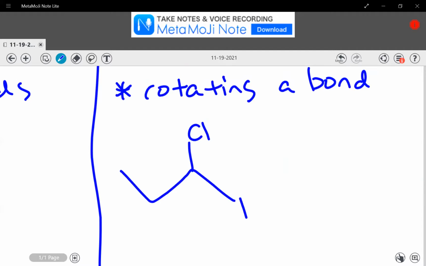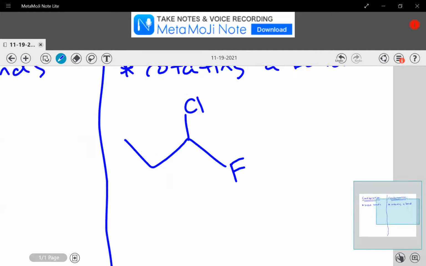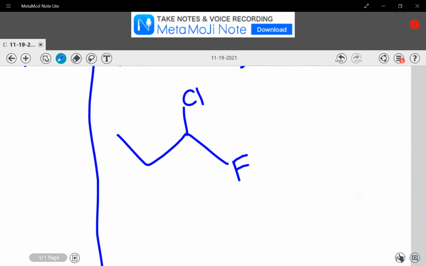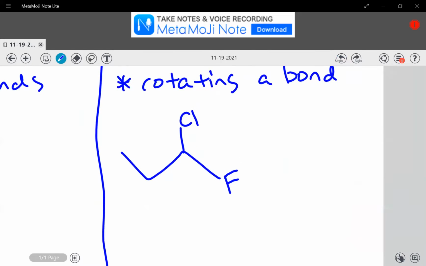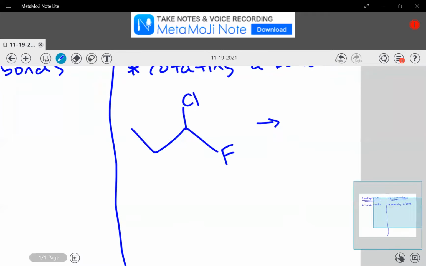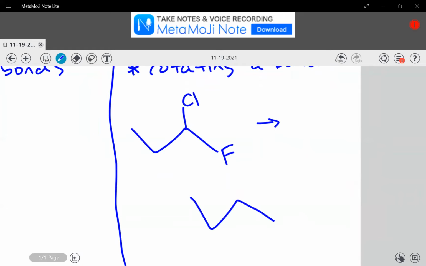Cl, just make this an F. And this here is our center. So for these guys, if we want to switch them, FCl, you could switch them by rotating the bond about this carbon center right here.